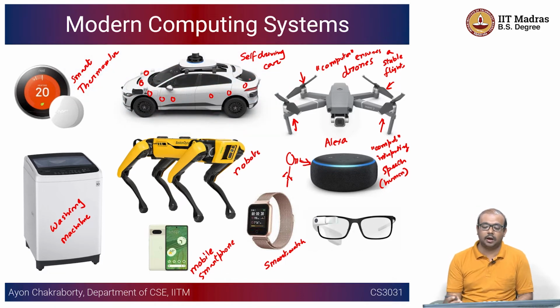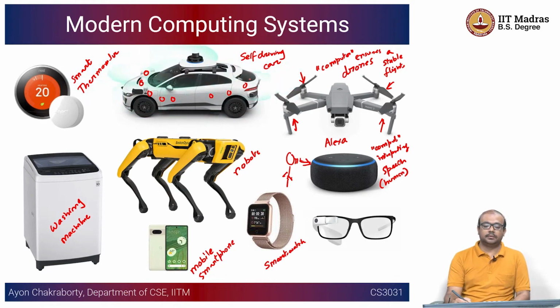So if you see, all of these are computing systems, and all of them have some commonalities between them, and that is they are having an internal digital computer or a processor which is going to execute a set of instructions or execute programs.